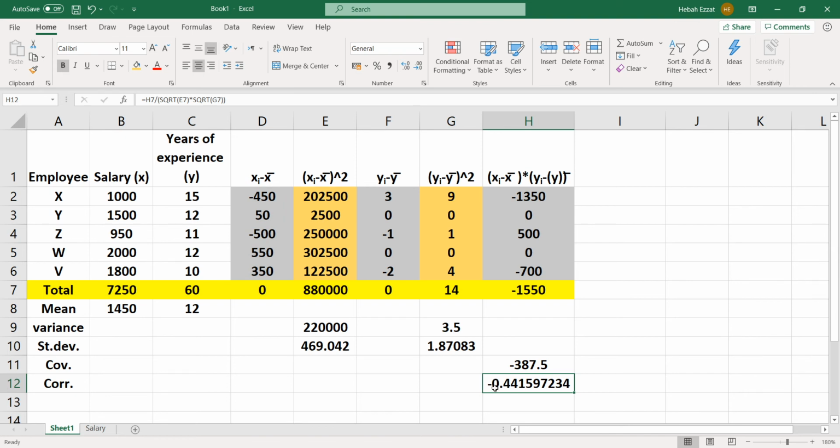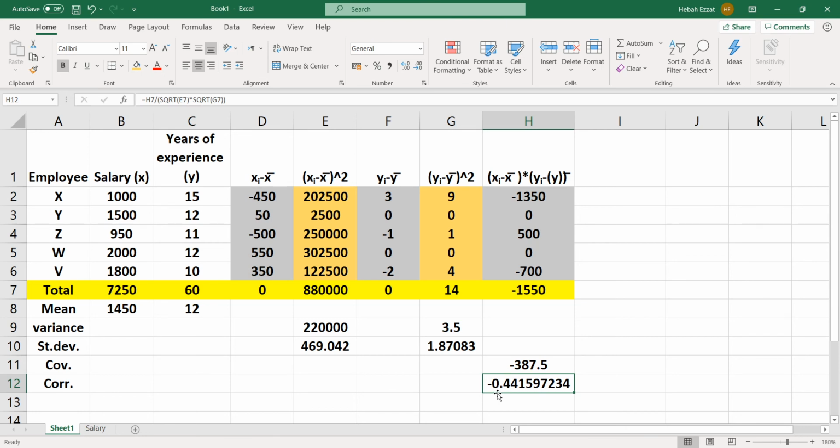It's negative and it's not close to 0, so there is a relationship between the salary and the years of experience. Due to the negative sign, we say that the relationship is negative, or it's an opposite relationship.